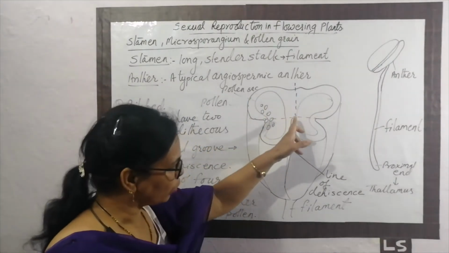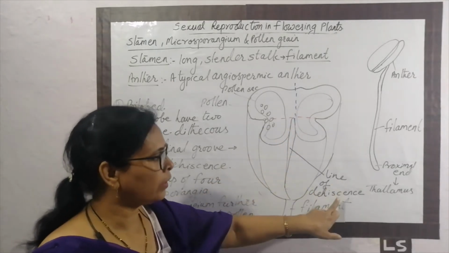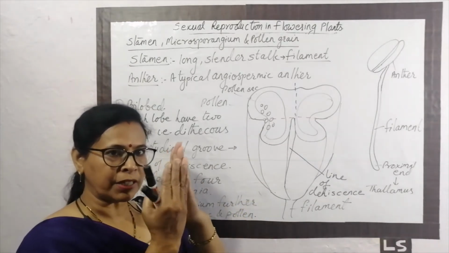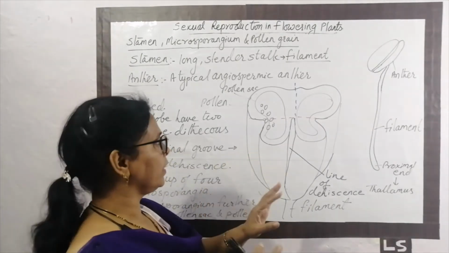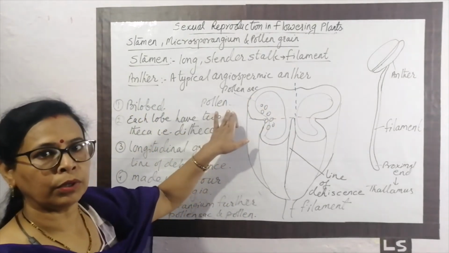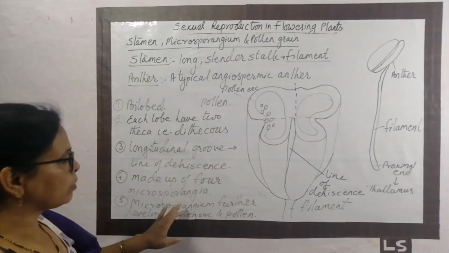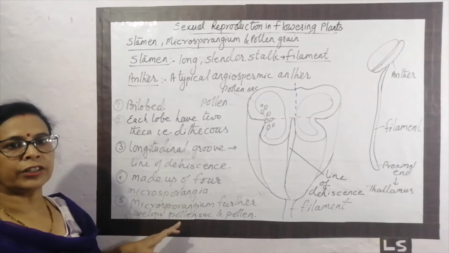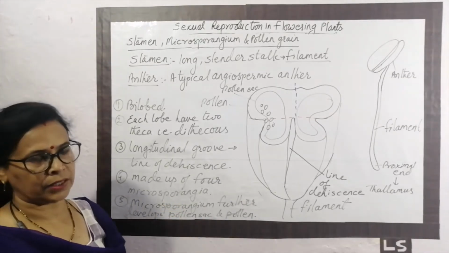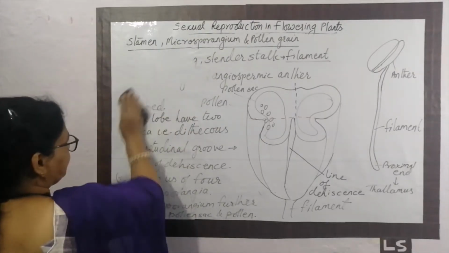It contains a longitudinal groove called the line of dehiscence. At the time of maturity, this anther sac bursts from that part and the pollen is released from there. This is the pollen sac, and this is the pollen, the sexual male unit of the flower. This theca is also called microsporangia, which further develops into the pollen sac and ultimately into pollen grains. Okay, next we move towards the microsporangium.